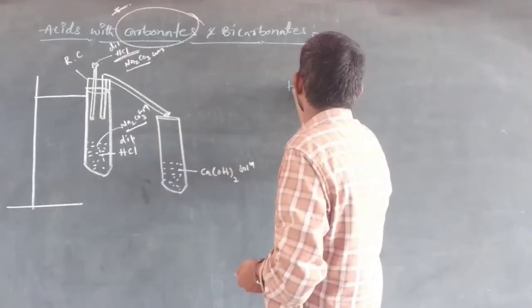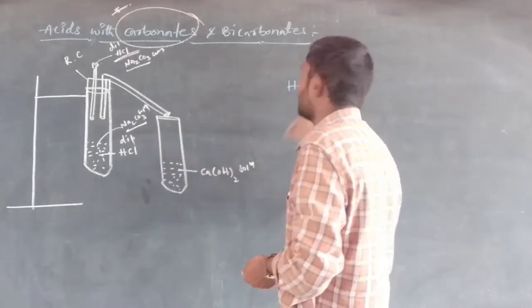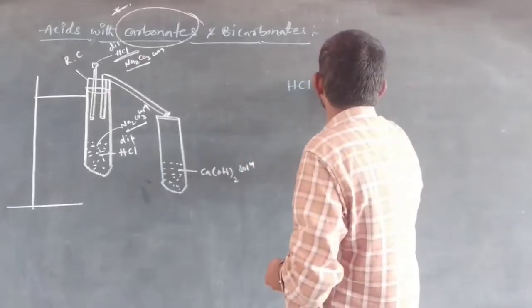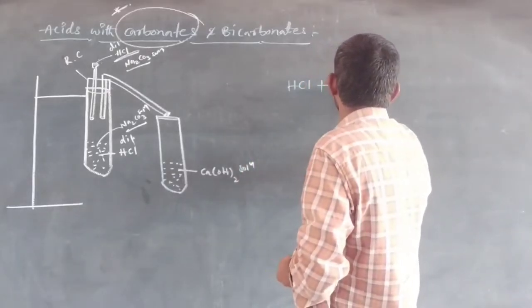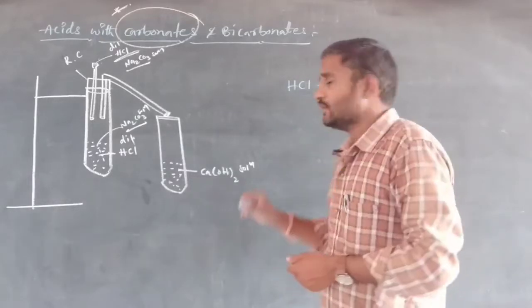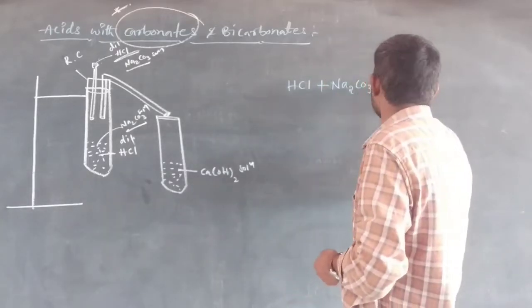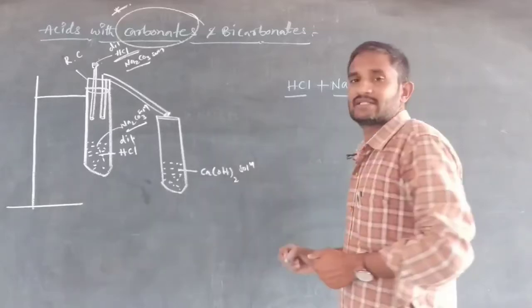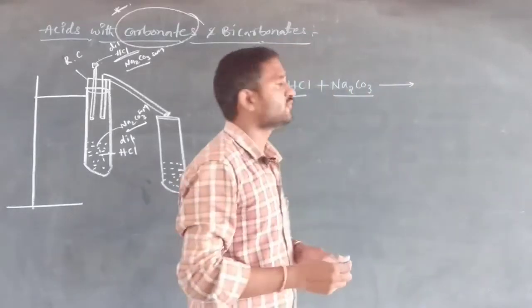Here hydrochloric acid HCl is reacting with sodium carbonate Na2CO3. Which kind of products will be formed?